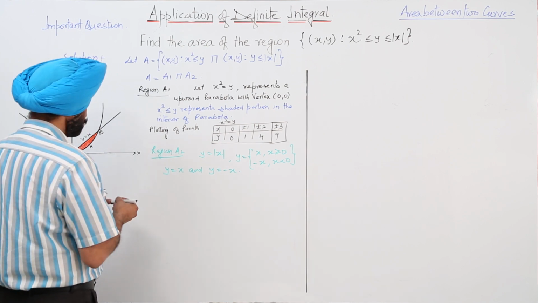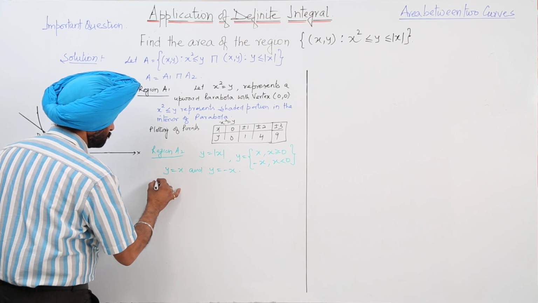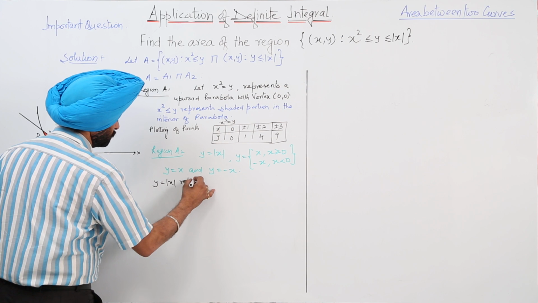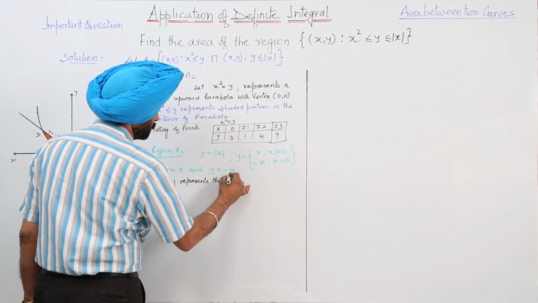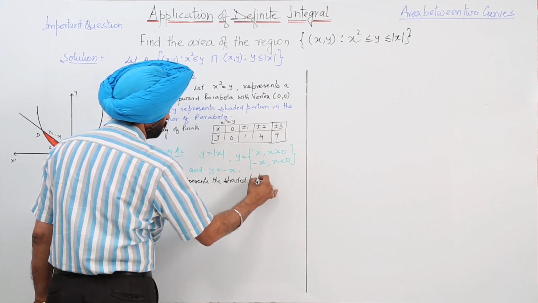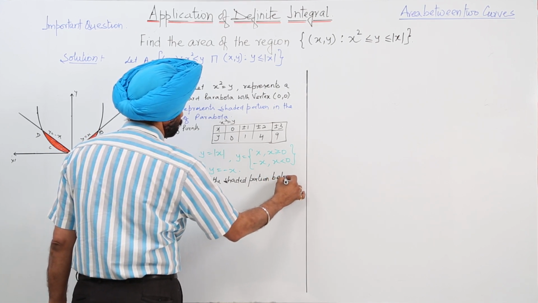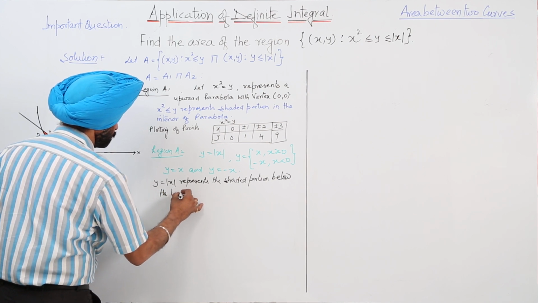Now y ≤ |x| represents the shaded portion below the lines.